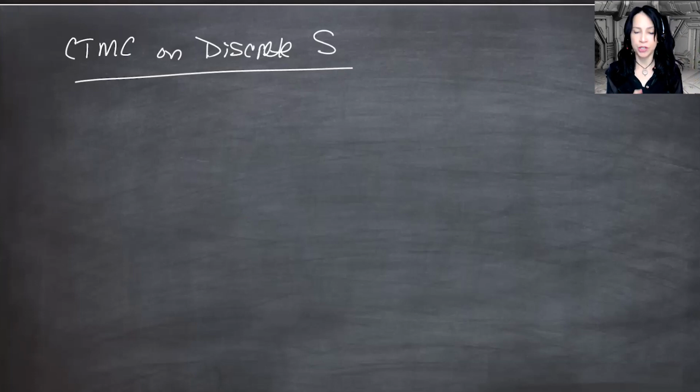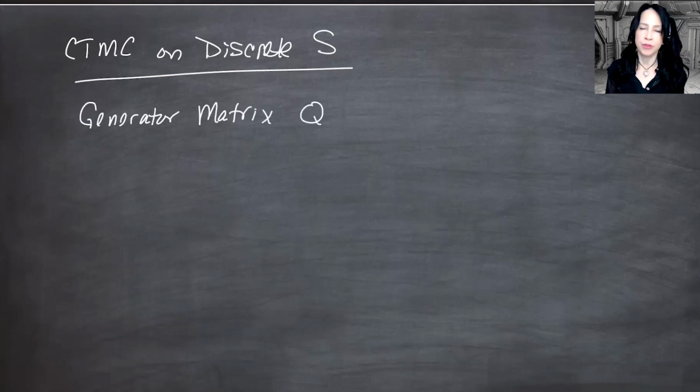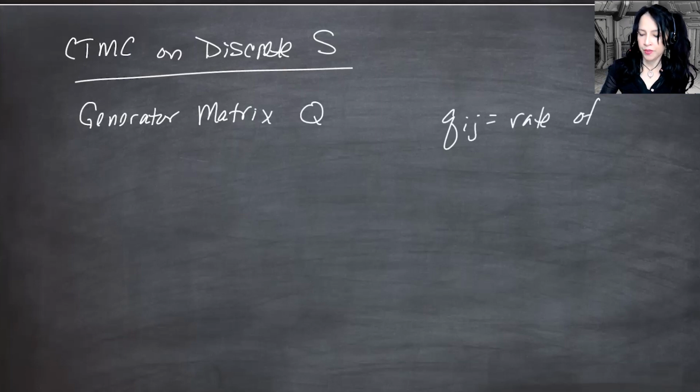So this is where we use the generator matrix, right? We've got a generator matrix that we call Q, and it's filled with q_ij's, and q_ij is the rate of transition from i to j in some instant of time.